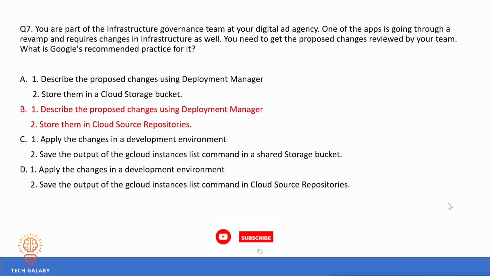Cloud source repositories are specifically designed for hosting and versioning source code, while deployment manager templates are configuration files that define the desired state of the infrastructure. So storing them in a source code repository allows you to track the changes, manage different versions, and collaborate with the rest of the team effectively. So the correct option is option B.